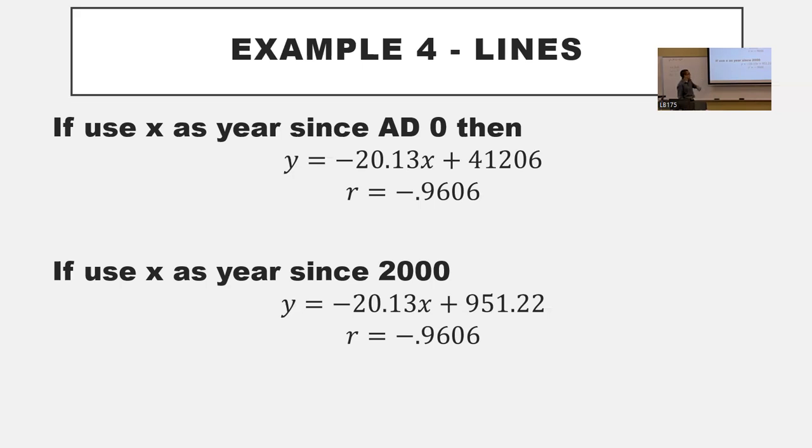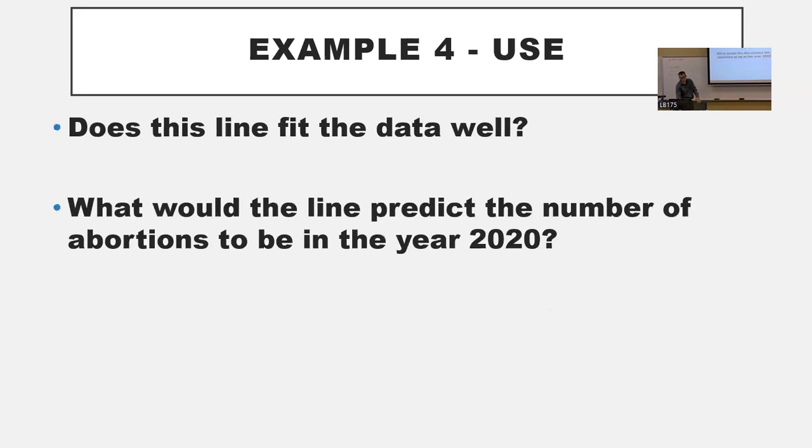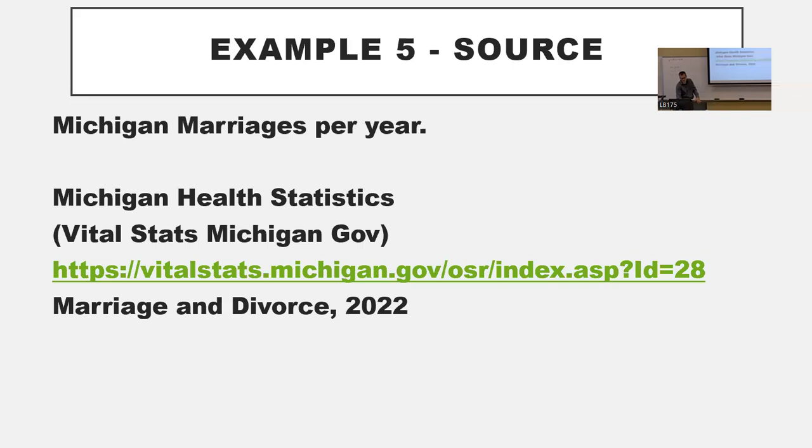In the second one, x was years since 2000, so 9 as your x would be 2009. Pretty straightforward. So you can actually use either way and then predict in either way.